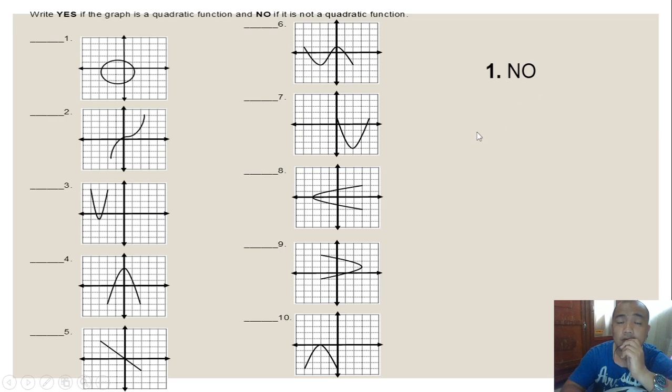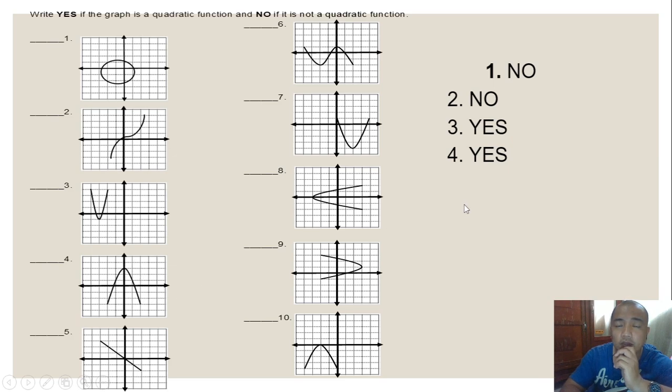Write yes if the graph is a quadratic function, no if it's not. Number 2, what's your answer? No, I think that's a cubic function. Number 3 is a parabola. It's a quadratic function that opens upward. How about number 4? Yes, it is a quadratic function, a parabola that opens downward.